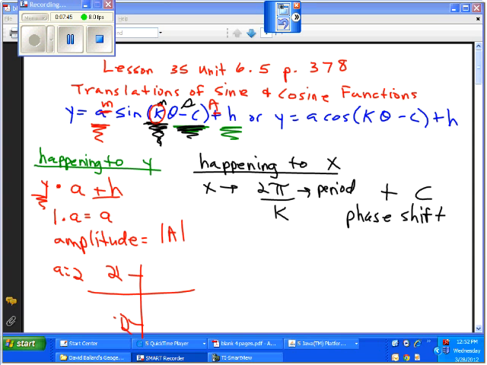It's going to mess with it. And so if you want to calculate your phase shift when K is not 1, your phase shift is really going to be plus C divided by K. Your phase shift will be positive C over K.